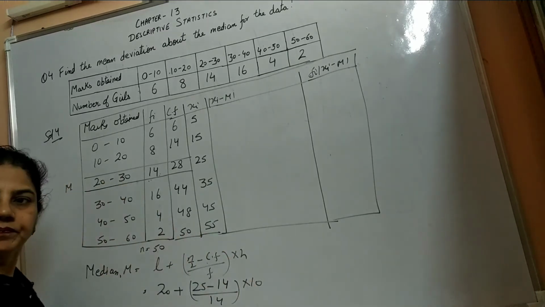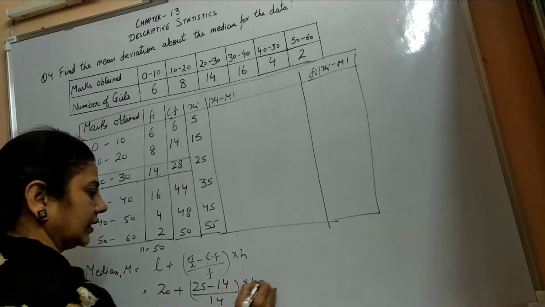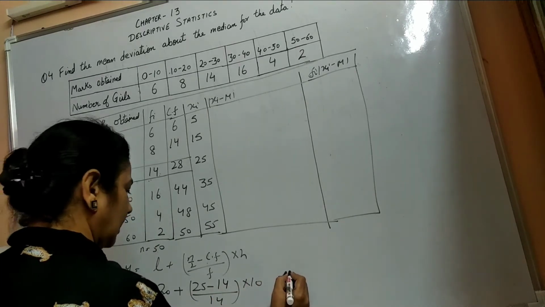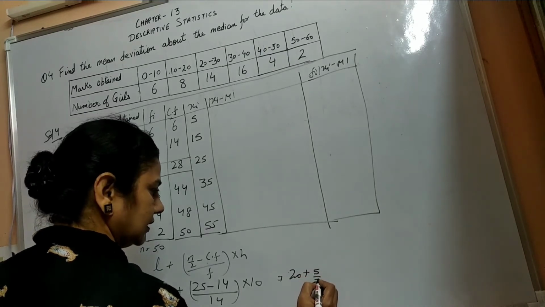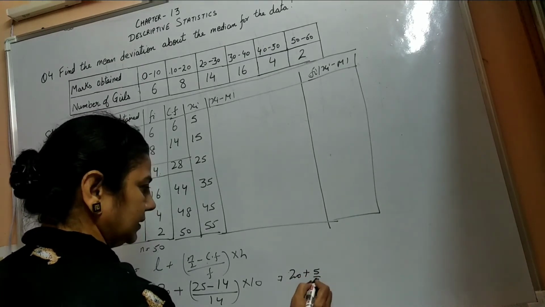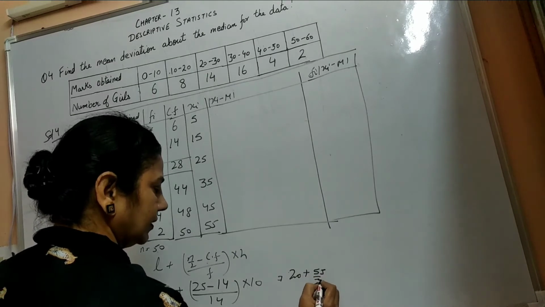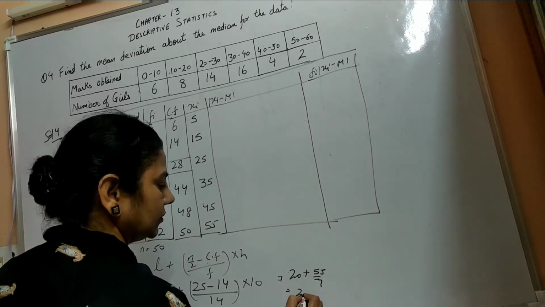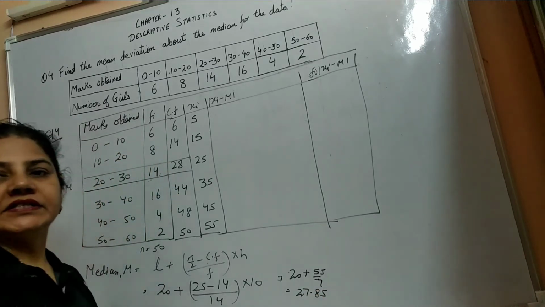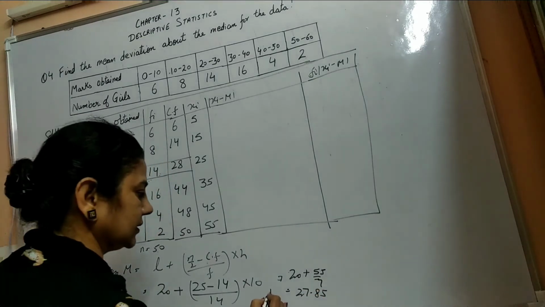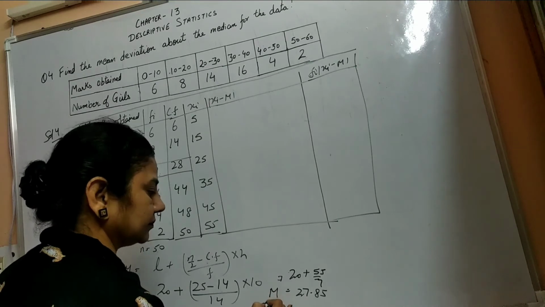Class width is 10. On calculating, I get 20 plus 55 by 7, which is equal to 27.85. 27.85 is my median.